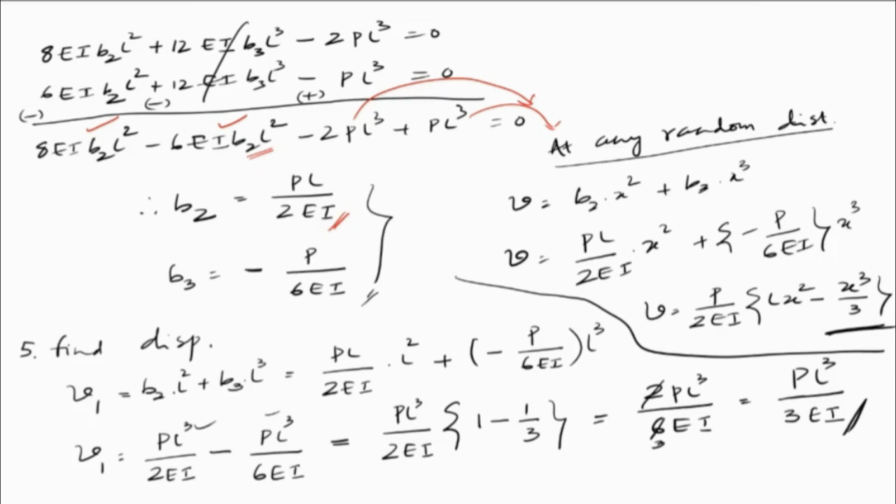So this is the equation which is at any random distance, where if I substitute X is equal to L by 2, I'll get the displacement at the center of the beam. Similarly, if I put X is equal to L, definitely I am going to get the same equation of PL cube divided by 3EI. Okay, so this is a general equation where by substituting the value of X, you will get the displacement at that particular distance.